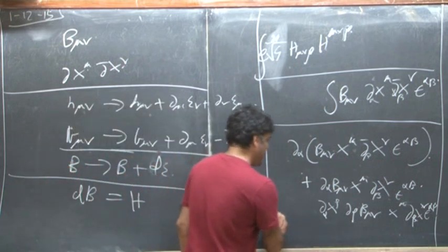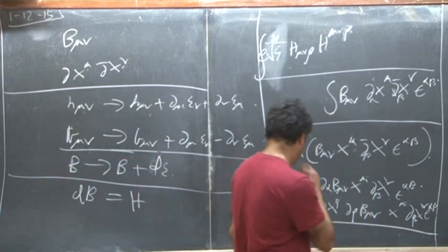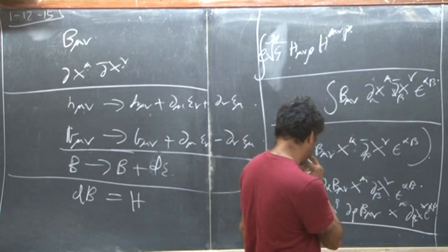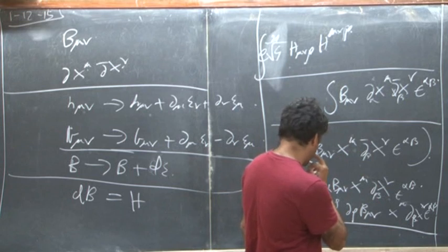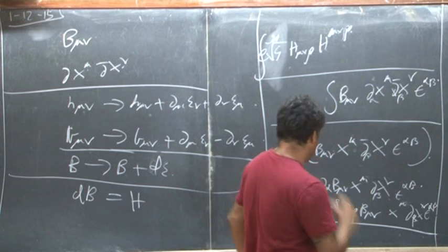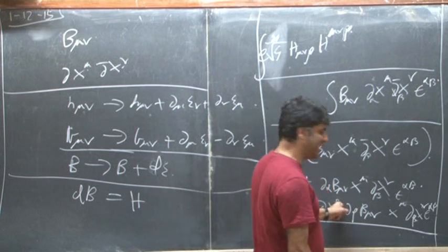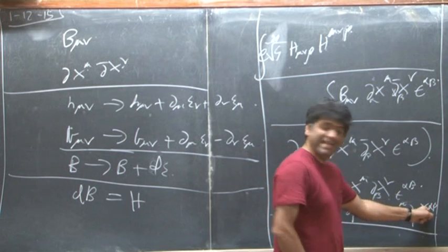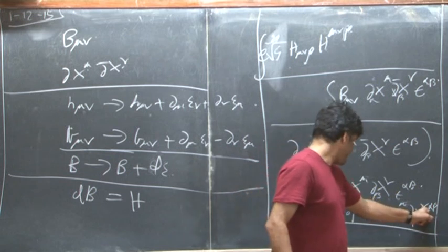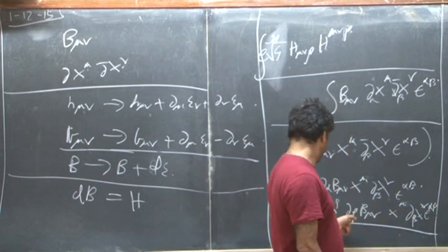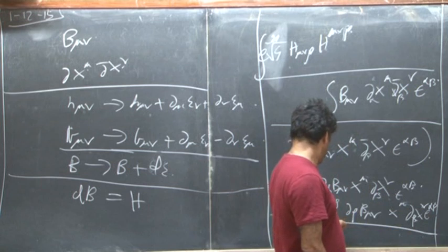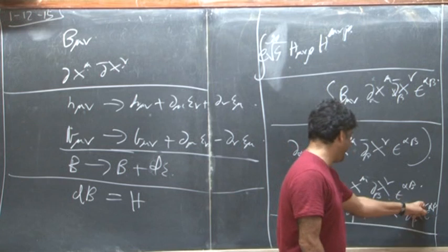Okay? Now, you see, this rho index and this nu index here occur with del alpha x rho and del beta x nu.